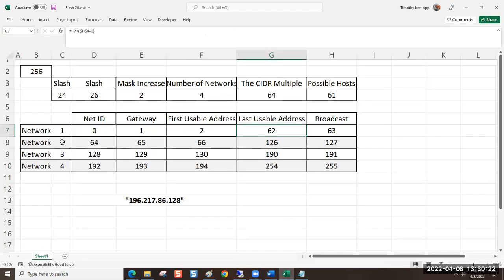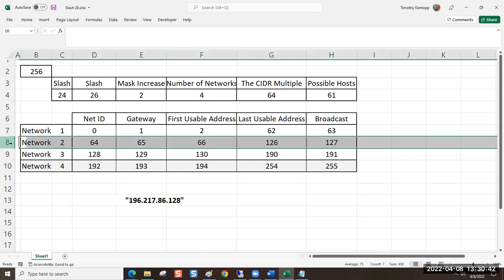Which of these networks, 1, 2, 3, or 4, has a range of usable addresses where 115 fits in? Second one. That is correct. 115 fits between the first usable address and the last usable address.